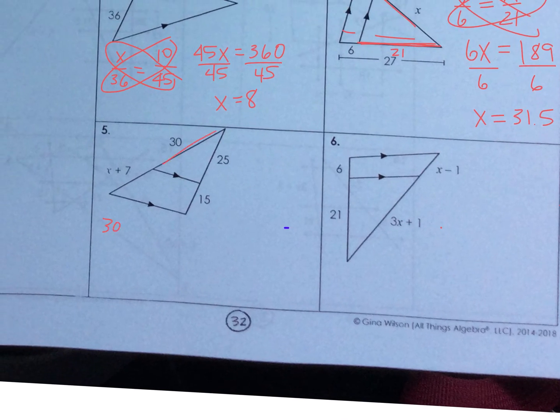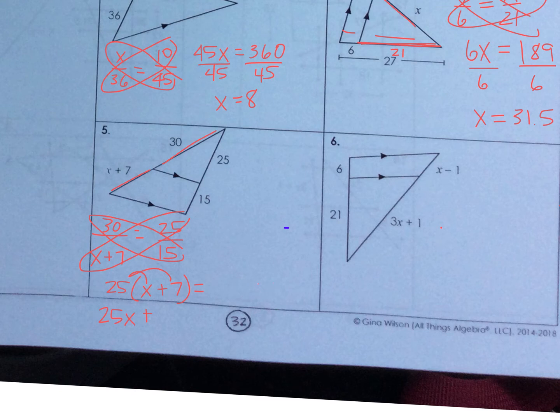30 over X plus 7 equals 25 over 15. When we have a variable in there with another number, I've got to distribute. 25 times x plus 7. 30 times 15 is 275. Distribute 25x plus... I'm totally wrong.